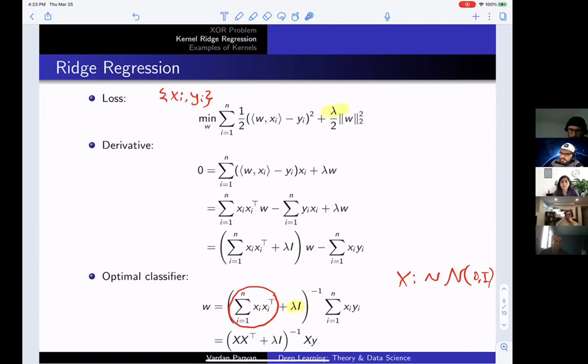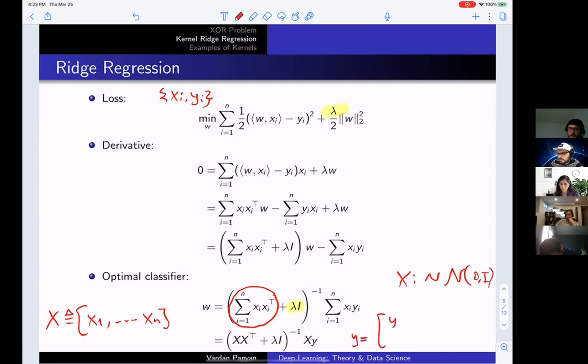What's important is for you to understand that this equation here can be written in a very compact form, which is XX transpose, where X is defined to be a matrix which contains in its columns x1 through xn, right? And y is a vector that contains the different labels.